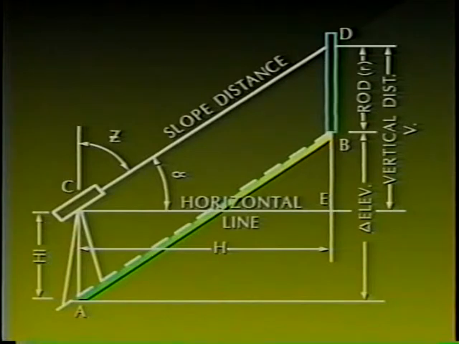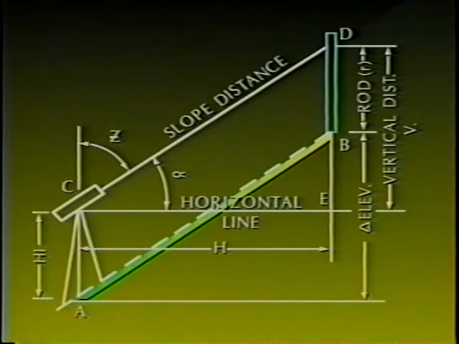A total station is referenced to a point of known elevation, a benchmark, such as point A in the illustration. Or it can be set up over a point with a previously determined elevation. The total station is then sighted on a rod and prism at a remote point, such as point B.